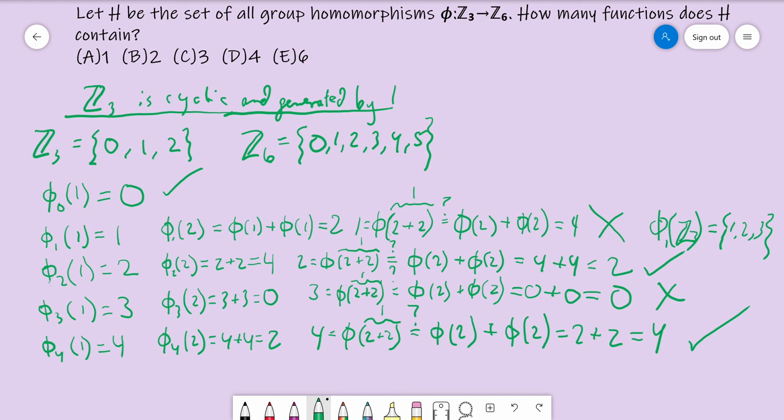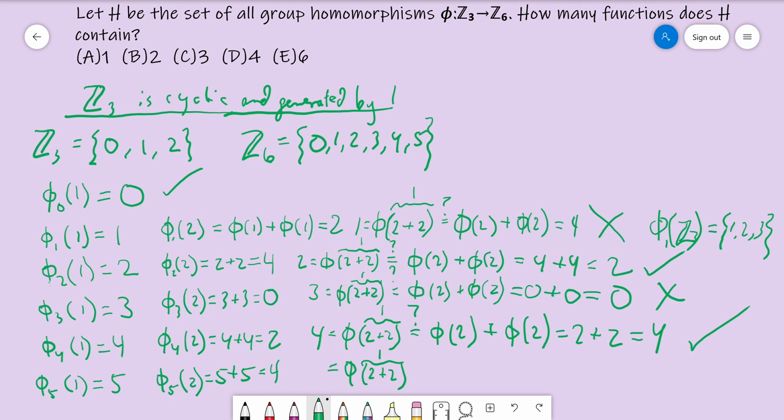And the last one we have to check is phi 5, which is defined by phi of 1 equals 5. So phi 5 of 2 is going to equal 5 plus 5, which is 10. And if we take mod 6, that's 4. Now let's find out what is phi of 2 plus 2. 2 plus 2 in Z3 is 1.